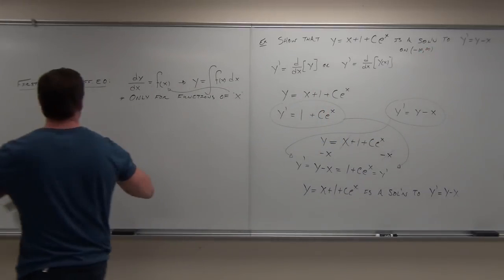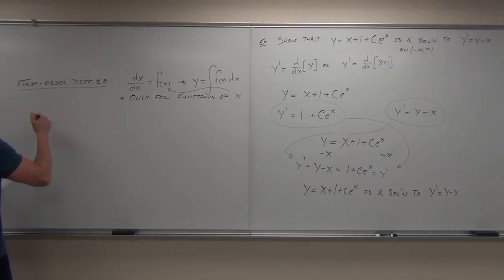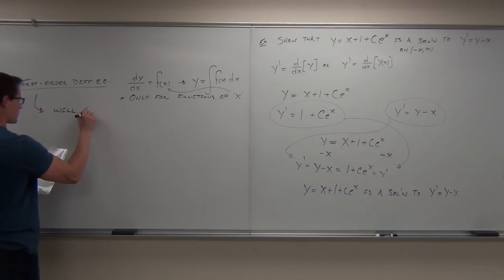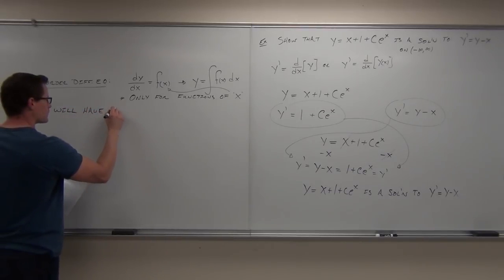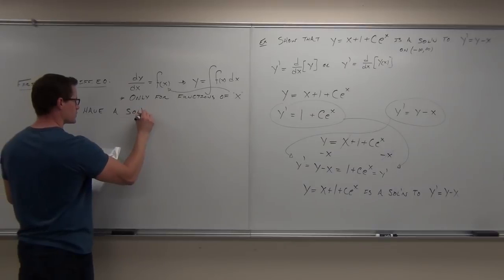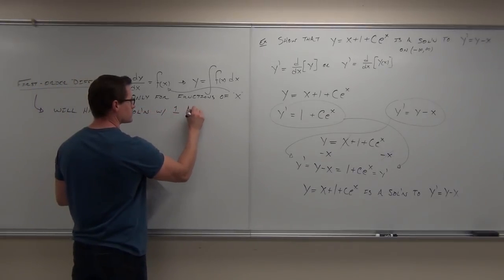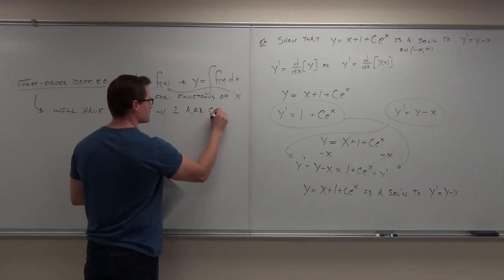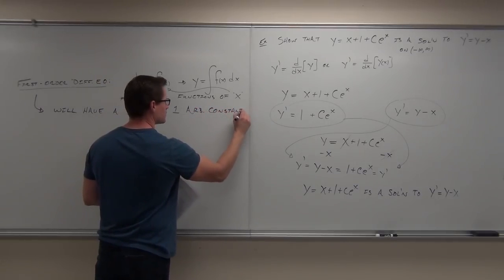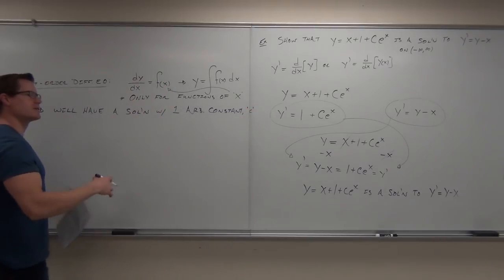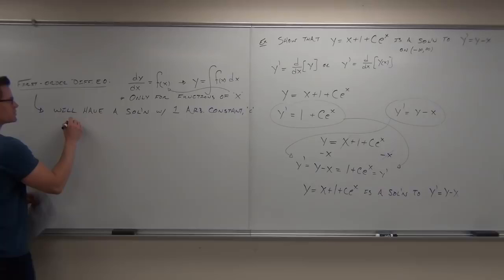So this will have a solution with one arbitrary constant, C. Hence, this is called a general solution.